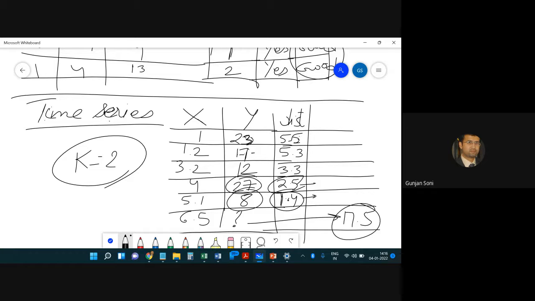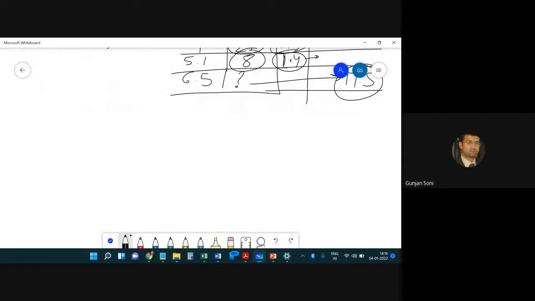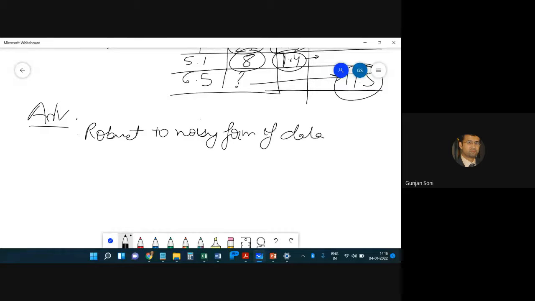Okay, now what are the advantages and disadvantages of KNN? The advantage of KNN is it is pretty much robust to noisy data. Especially while finding distance, if we use the inverse square, you can go into the higher forms of finding distance.